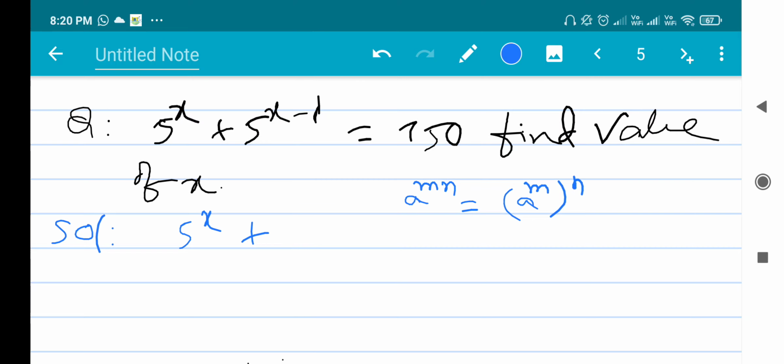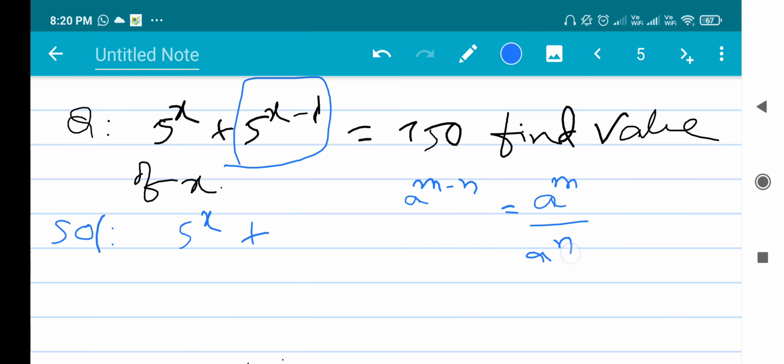But here I want to use a to the power of m minus n, which means a to the power of m upon a to the power of n. So we write 5 to the power of x plus 5 to the power of x upon 5 to the power of 1 is equal to 750.